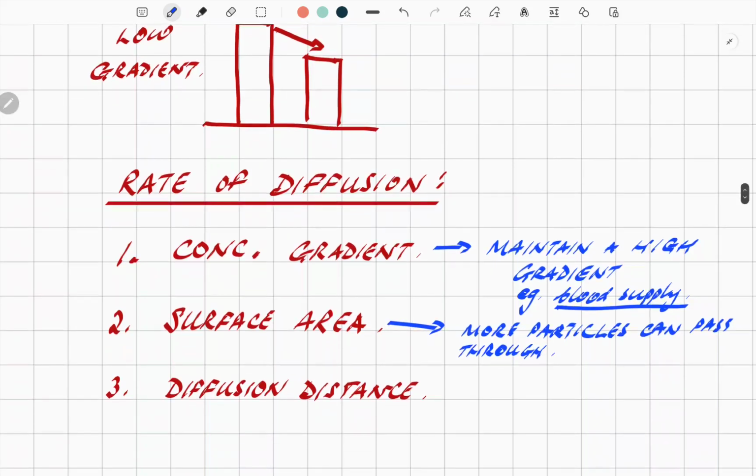In the lungs, I'm not sure if you've studied the lungs fully yet, but we have these structures called alveoli. They're little spherical structures within the lungs which increase the surface area.